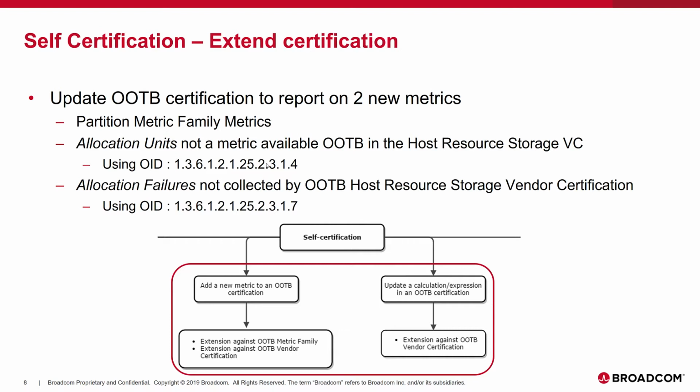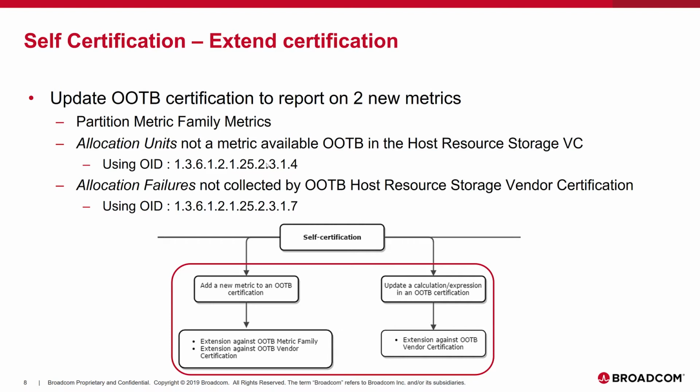And then allocation failures is a metric that already exists in the metric family, but what we need to do in this case is figure out how to add this OID into the out-of-the-box vendor certificate and map it to this allocation failures metric, right?